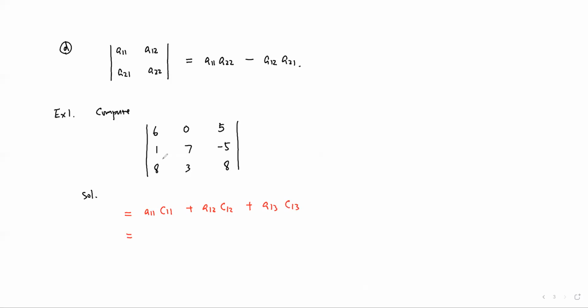Now A11 is 6, times C11. A12 is 0, times C12. A13 is 5, times C13. So this is 6 C11. The second term is 0 times C12. C12 is a number, so it's 0. So plus 5.